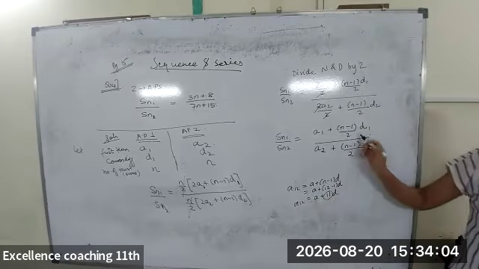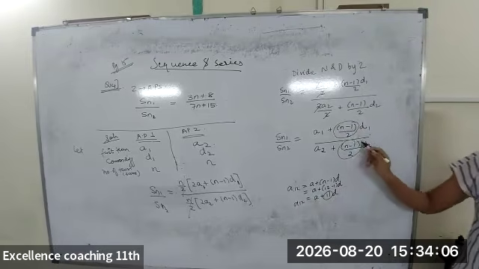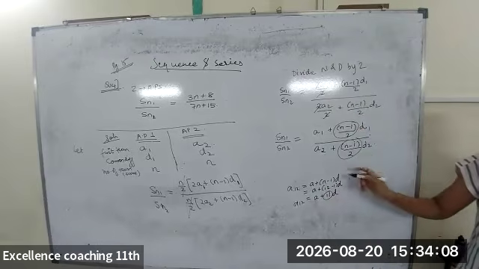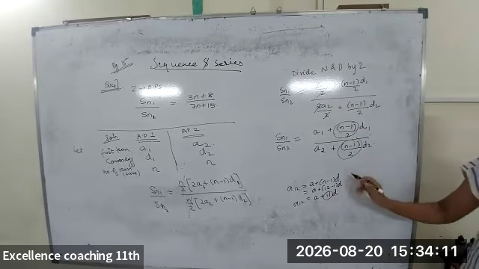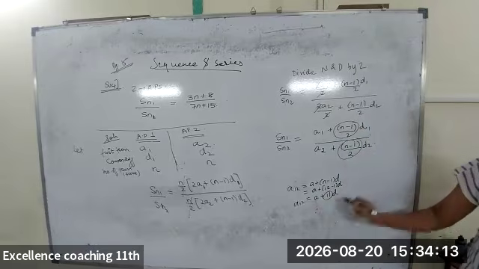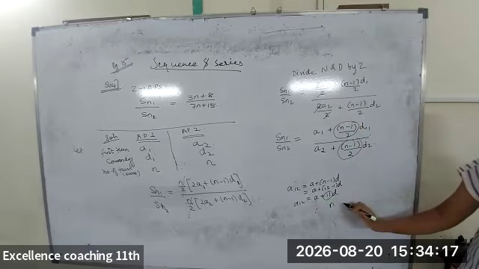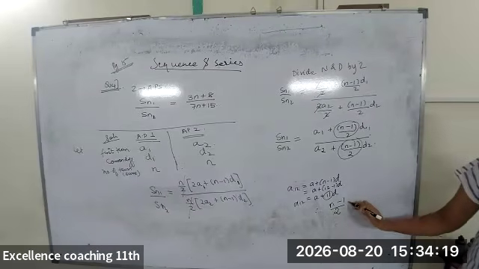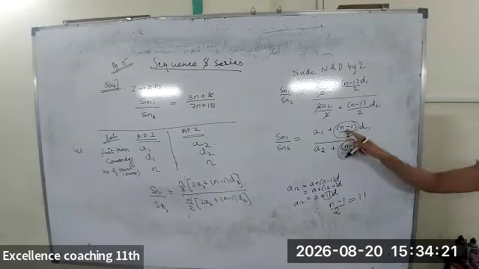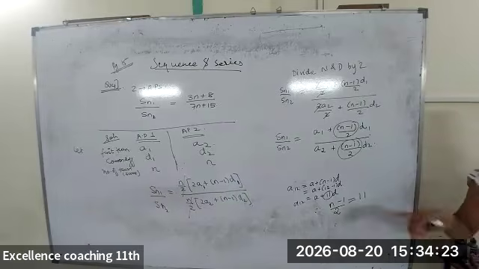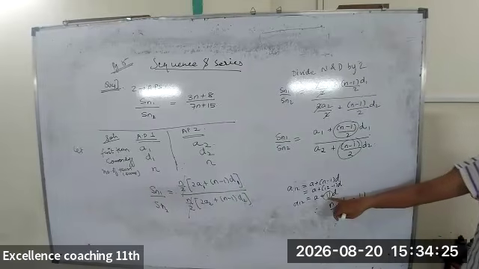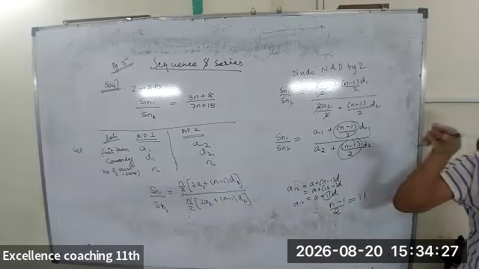So this number should be 11. So equate it. What value of n will give me 11, I want to calculate. So equate this to 11 and see what value of n I need to put there so that this turns out to be 11. Why am I taking 11? Because the 12th term ratio is asked.